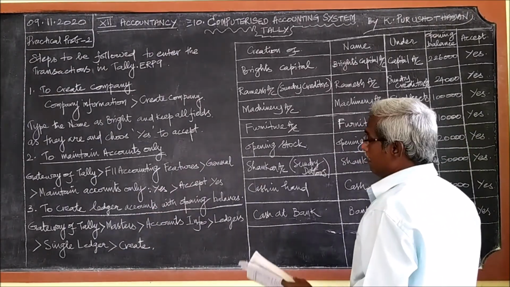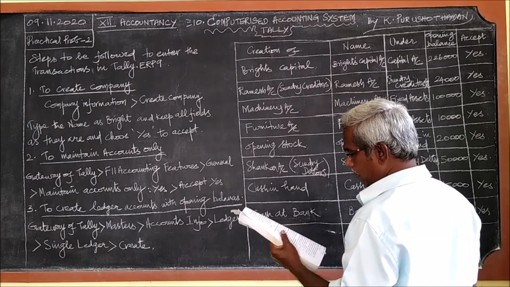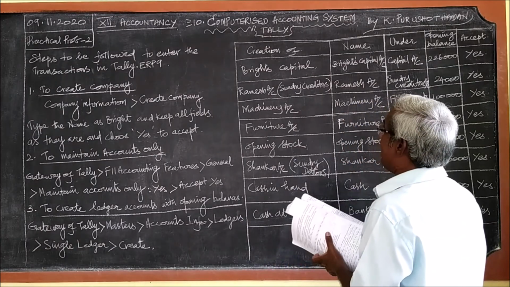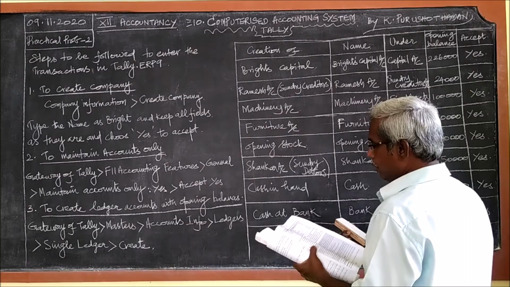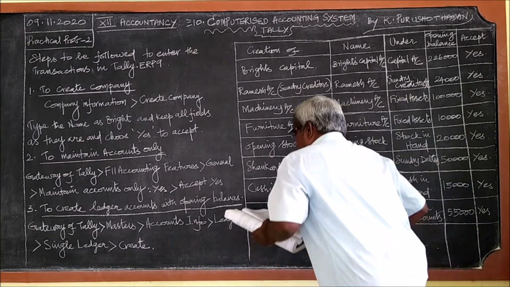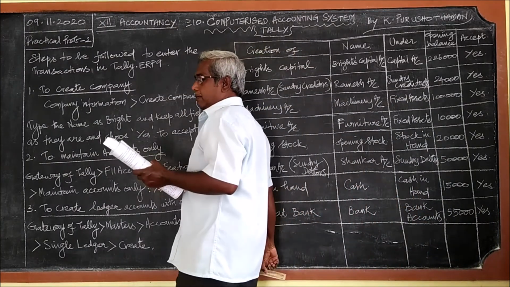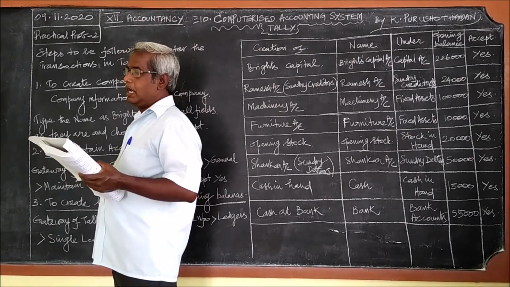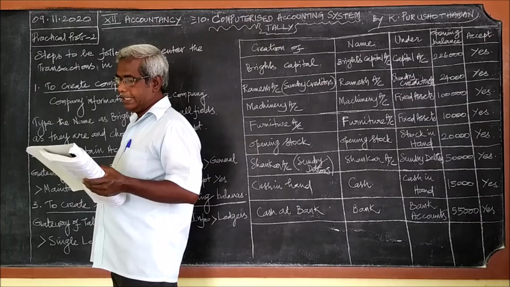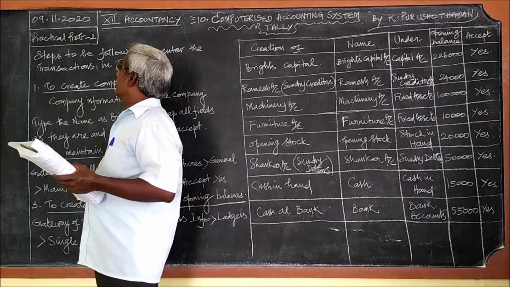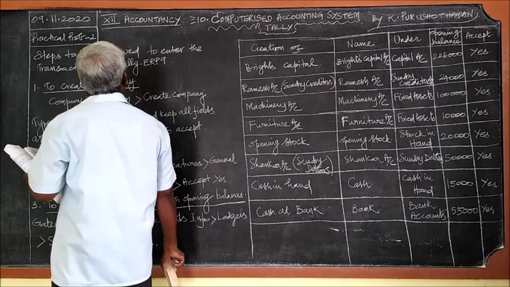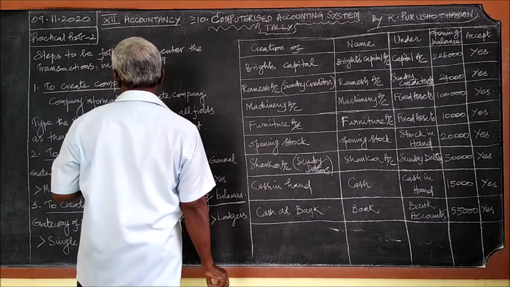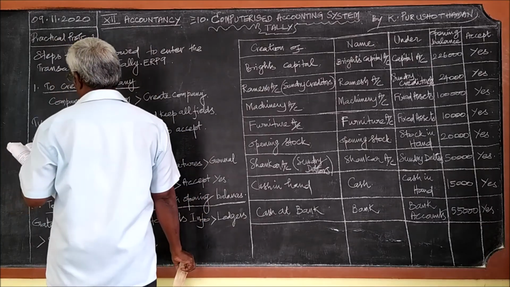Yes, students, we shall go to exercise problem number 2 of the same model. What you should do for this? Here, the following balance sheet has been prepared from the books of Pearl on 1/4/2018. In the place of Bright, here the name Pearl is given.